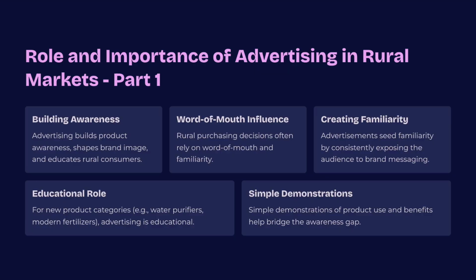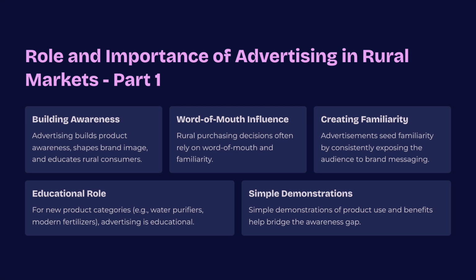Advertising plays a truly pivotal role in rural marketing. Its primary functions are building product awareness, shaping brand image, and educating consumers. In many Indian villages, purchasing decisions are often driven by word of mouth and familiarity.